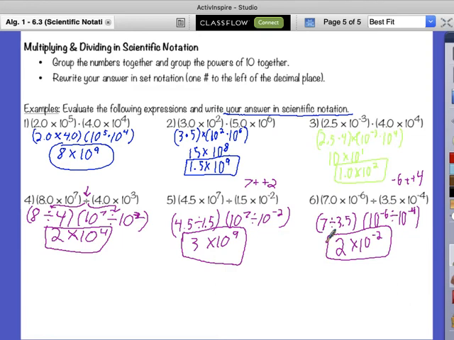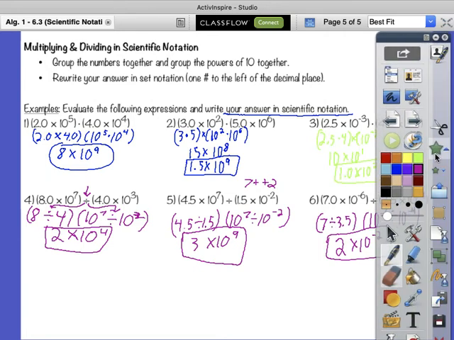Hey guys, on this worksheet, listen up. Look at numbers 19 through 22. That's supposed to be a division symbol between the two problems.